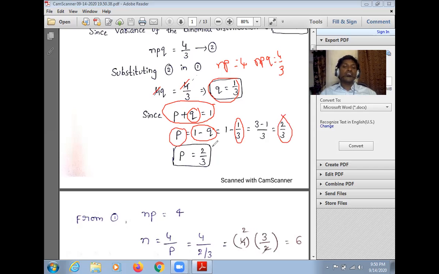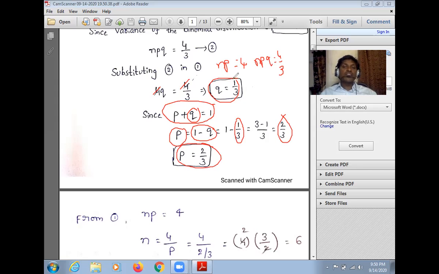So we have p equal to 2 by 3 and q equal to 1 by 3. Next we have to calculate n. For applying the binomial distribution we require the parameters n and p; q we can get from either one, knowing p we can get q, or knowing q we can get p.